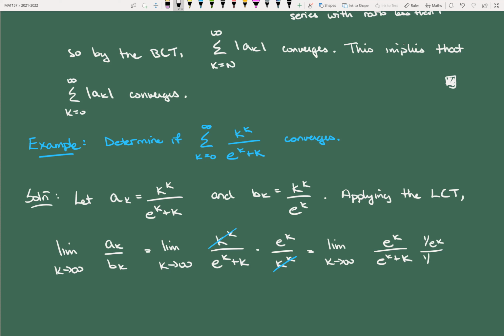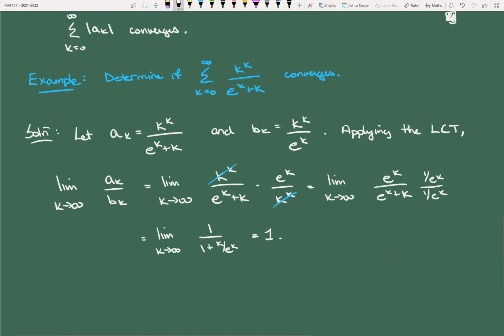Of course, that's e to the negative k if you want to write it like that. So we get 1 over 1 plus k over e to the k. And if you want to, you can convince yourself k over e to the k goes to 0 using L'Hopital. It's one application of L'Hopital. It shows this thing vanishes, so you get 1. Great.